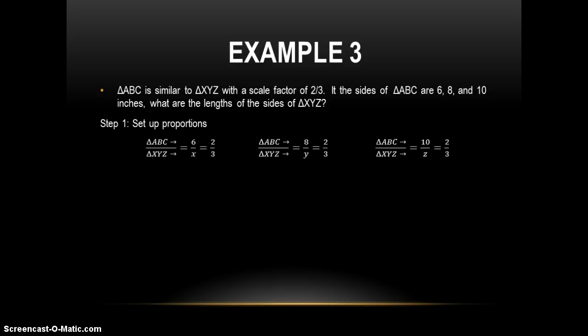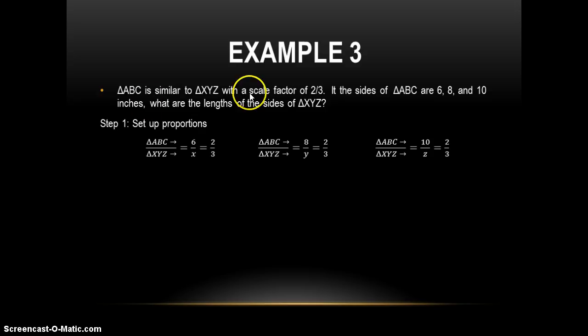So triangle ABC over triangle XYZ equals 6 over X equals 2/3. Triangle ABC over triangle XYZ equals 8 over Y equals 2/3. And triangle ABC over triangle XYZ equals 10 over Z equals 2/3.